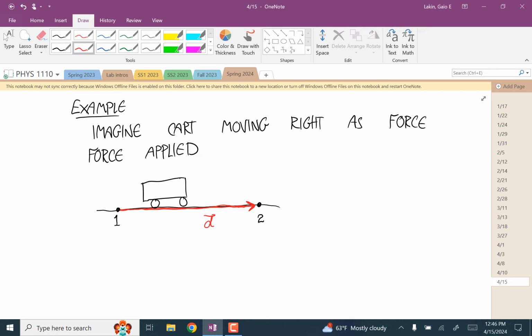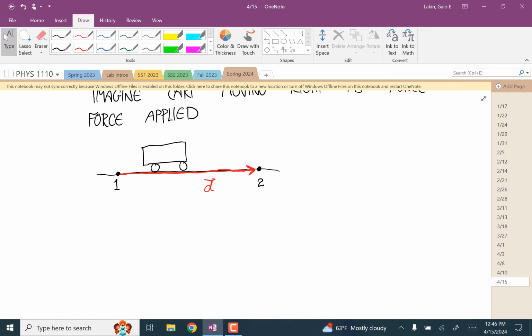Okay, well, let me write this down. So, okay, the displacement vector is to the right. So 1, to speed the object up, you'd want to apply a force this way. Okay?